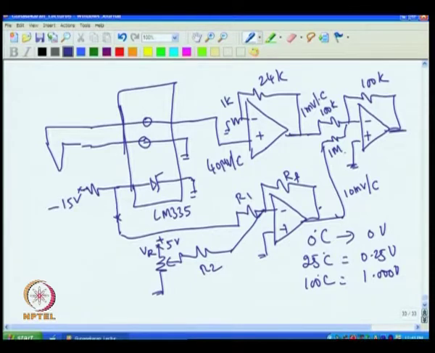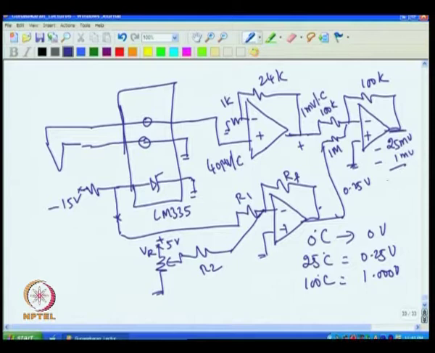For example, at 1 degree C this will give me 1 millivolt, and then if the ambient temperature is 25 degree C, then this will give me 0.25 volt. 0.25 will give me 25 millivolt at this point. Of course this is plus, so this will come minus, and then this is also plus. So 1 millivolt will come as 1 millivolt here, that is also minus 1 millivolt.